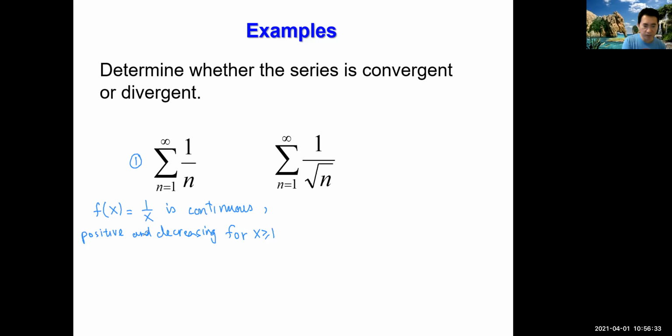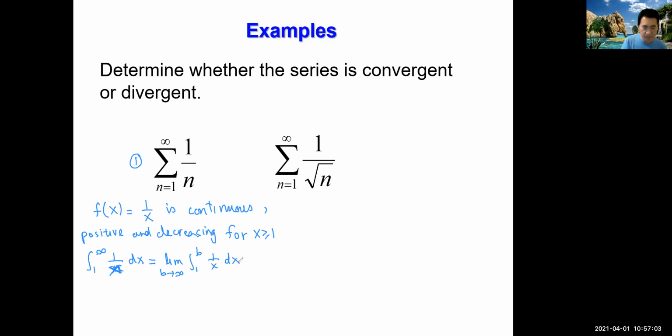So these 3 I check, and then I look at the integral from 1 to infinity, 1 over x dx. Right, so again, by definition, that's the same as a limit as b approaches infinity of the integral from 1 to b, 1 over x dx.